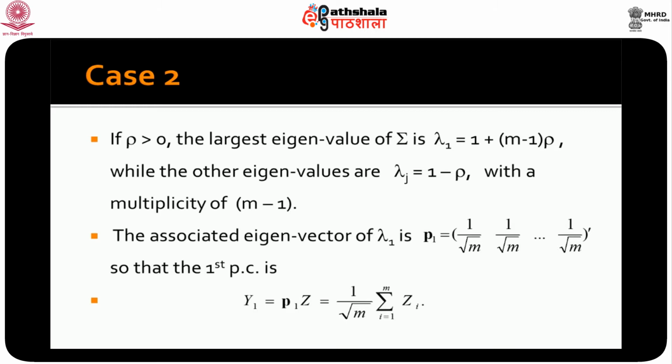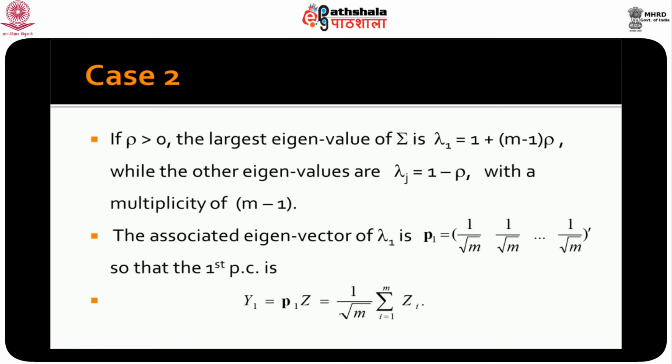Of course, rho has to be positive for this to be the largest, and all the remaining m minus 1 eigenvalues, lambda 2 to lambda m, would be equal to 1 minus rho. So you have a multiplicity of m minus 1 eigenvalues equal to 1 minus rho, and a single one, lambda 1, which is larger than the others.